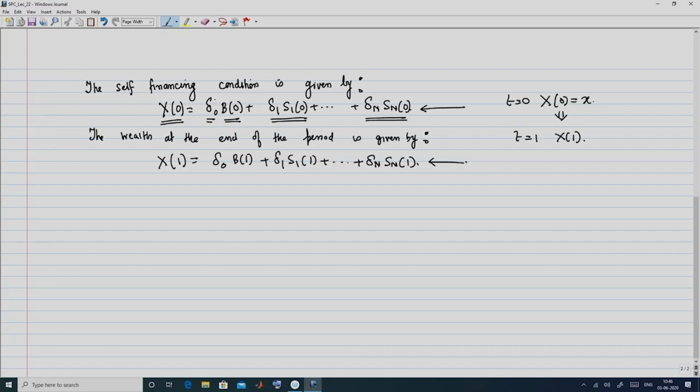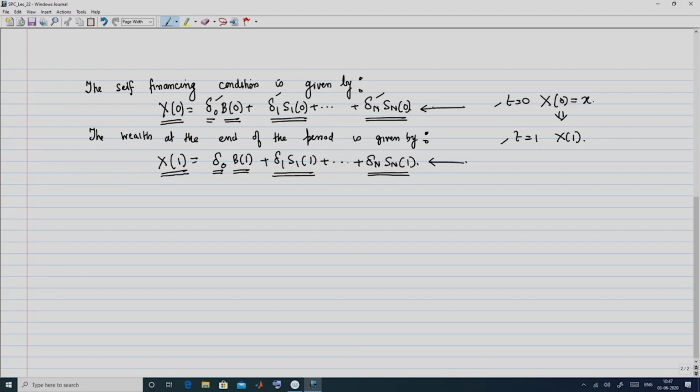Now, remember that these delta naught, delta 1, all the way to delta n, are positions that you get into at time t equal to 0 and hold on to until time t equal to 1. Accordingly, the wealth at the end of the period is given by delta naught into the price of the bond at time 1, which is B of 1, and then all these delta i's with the price of the stock Si being Si of 1. So, you add this up and this will give you the value of your portfolio at time t equal to 1.